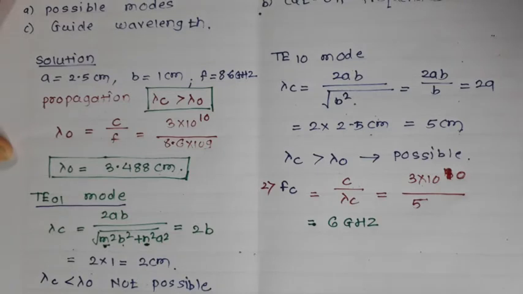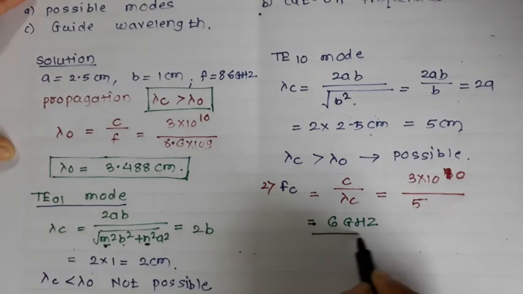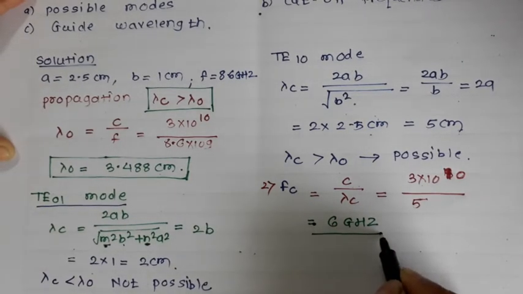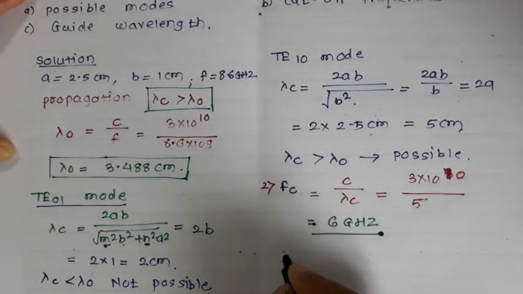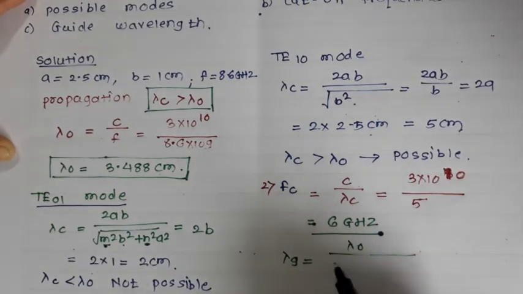Now this is the TE10 mode, which we have already calculated. Now we need to calculate the lambda g for this mode also. Lambda g is equal to lambda 0 divided by the square root of 1 minus (lambda 0 by lambda c) square.